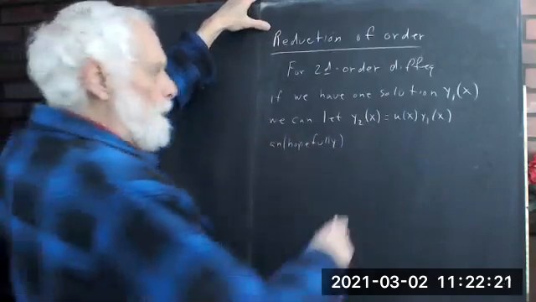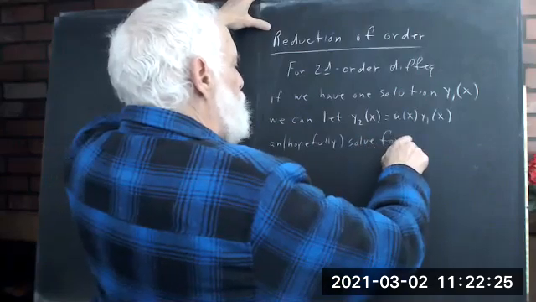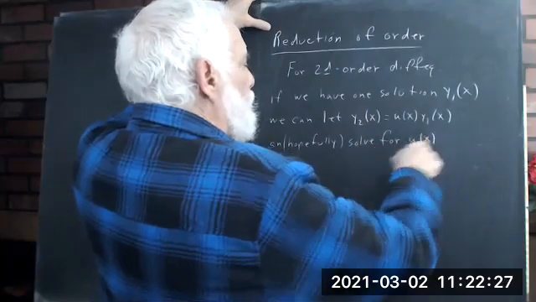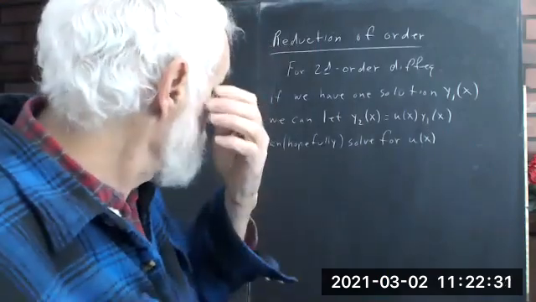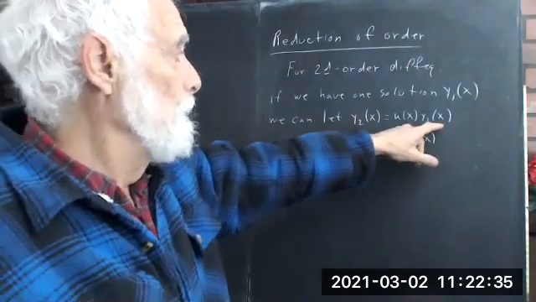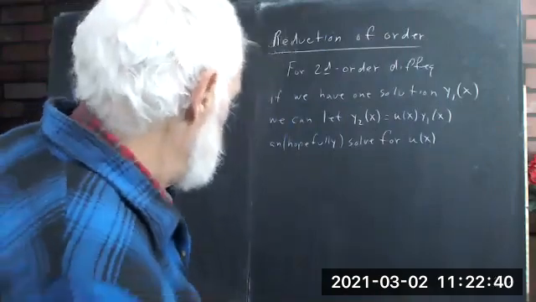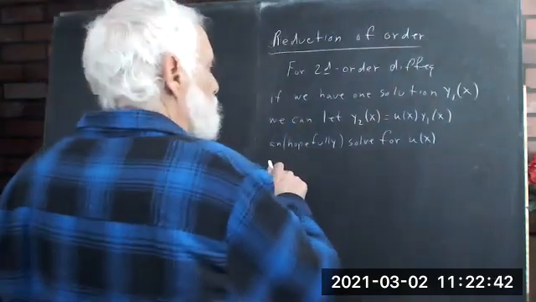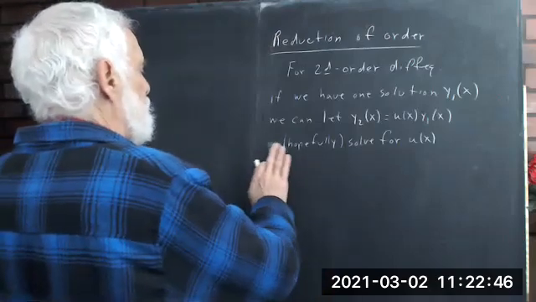And hopefully solve for u of x. Having done so, then we just multiply y1 by u and we get it. And this word here should be "and".